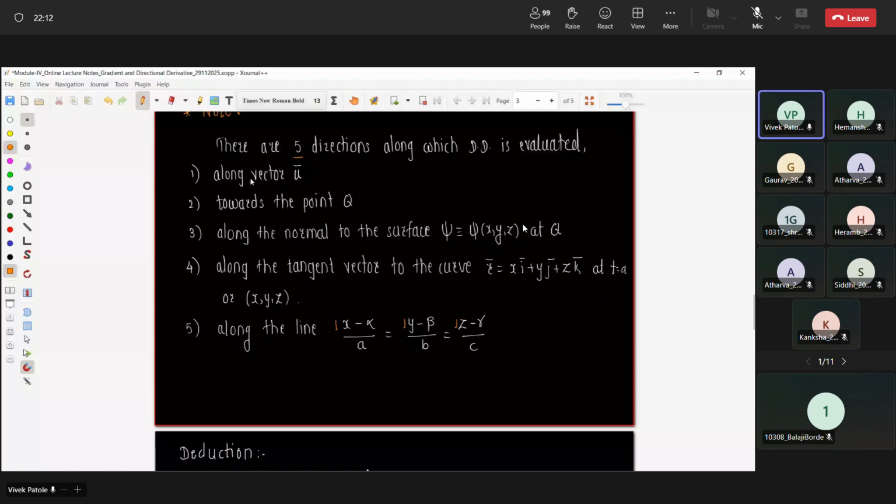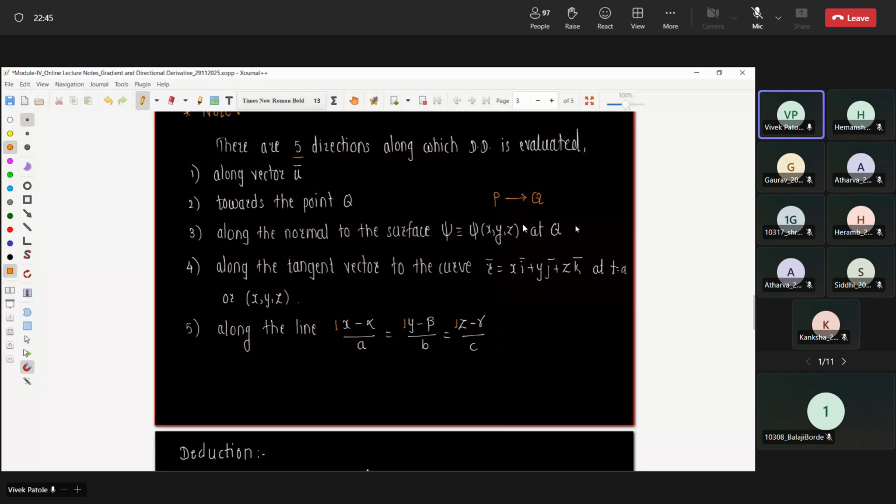Firstly, it is along the vector u bar itself. Means in the example, they will give the direction like this: along the vector u bar. Then from the point P towards the point Q. So from the point P towards the point Q, then along the normal to the surface psi of xyz at Q. Now what must be the normal to the surface psi at point Q?